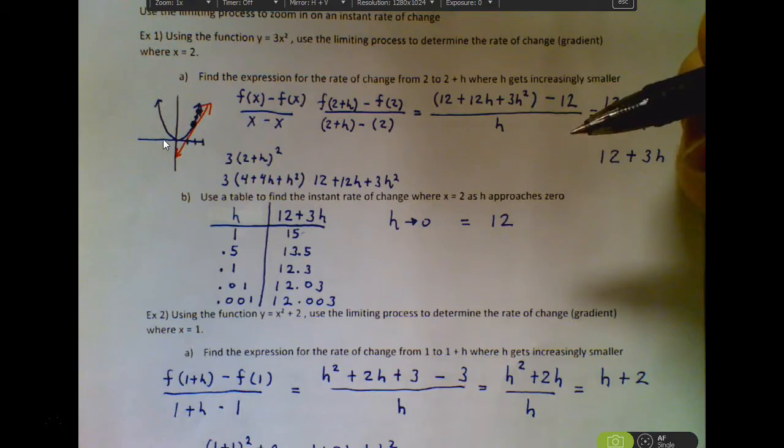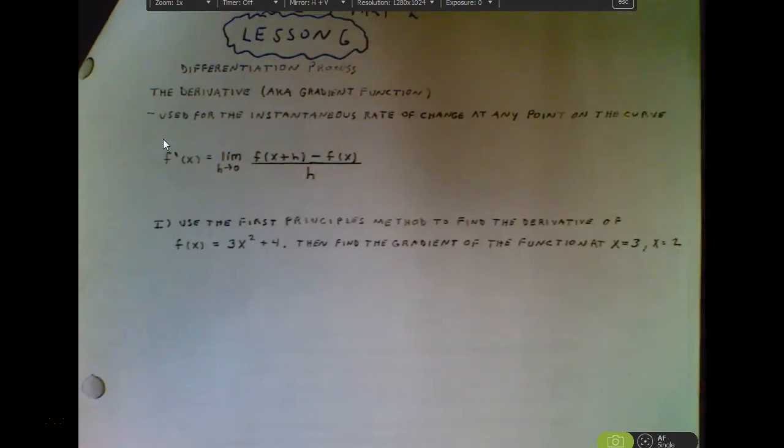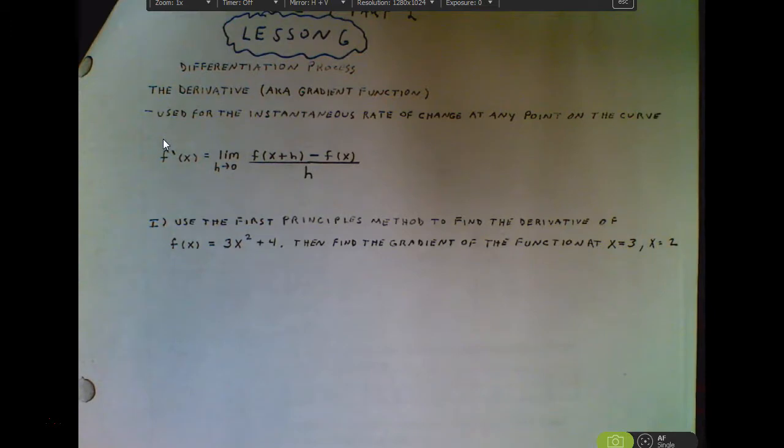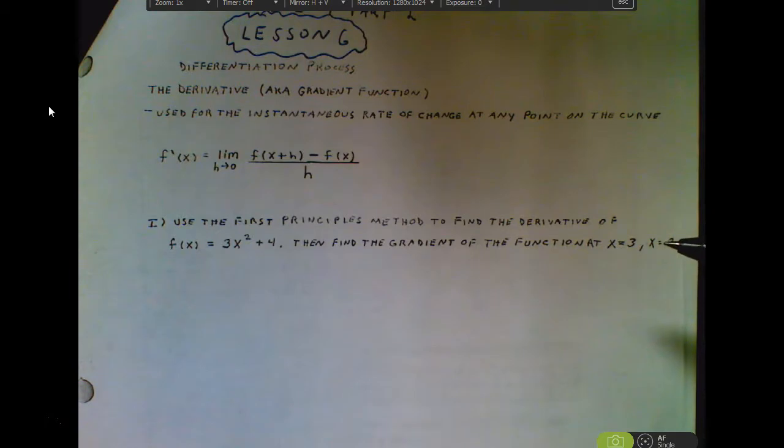And so what we're going to see today in this derivative process is we're going to develop an expression that will work for any x value so that I don't have to start over. If I want the instant rate of change where x is 3, I can just plug this into my derivative. And if I want it again where x equals 2, I can plug this into my derivative instead of having to start a whole new process.